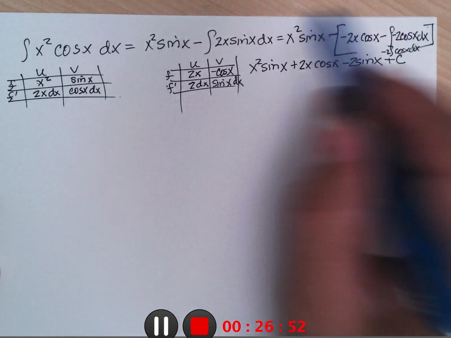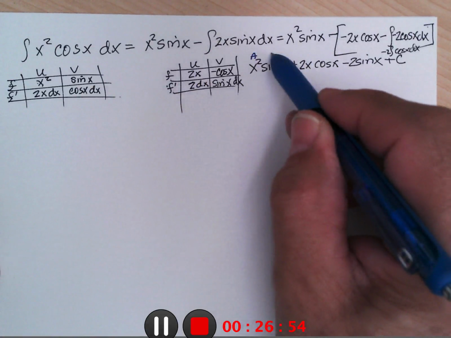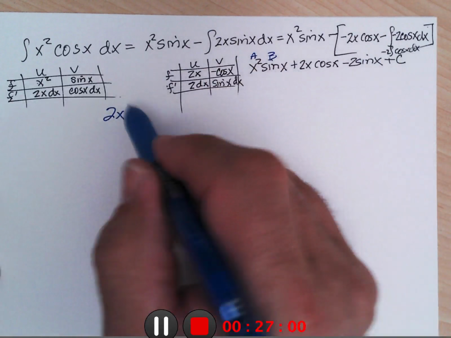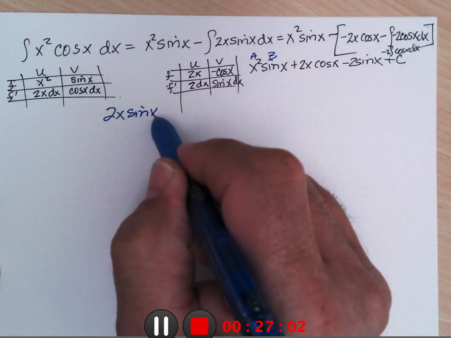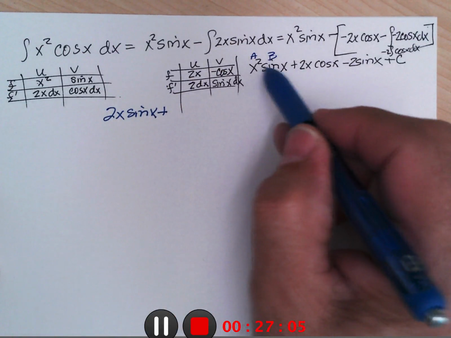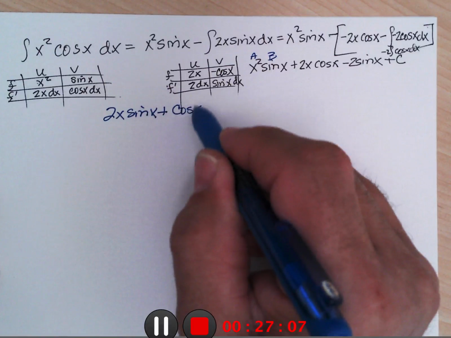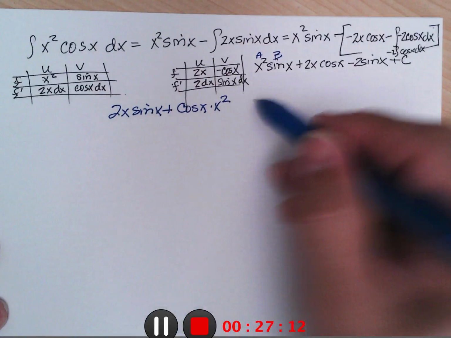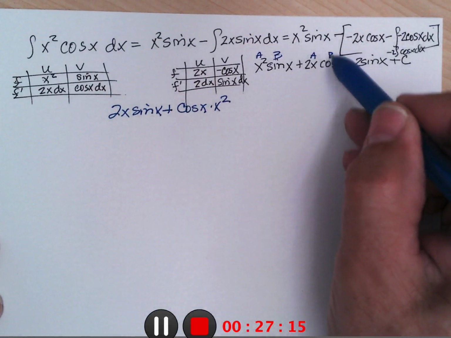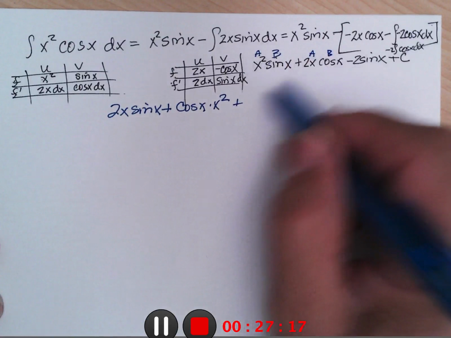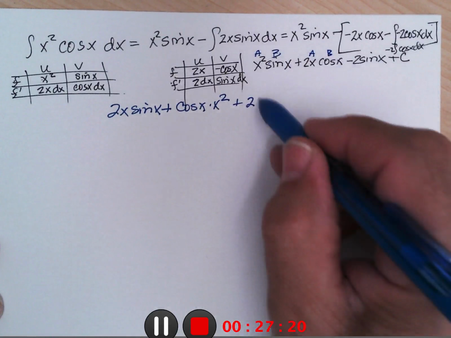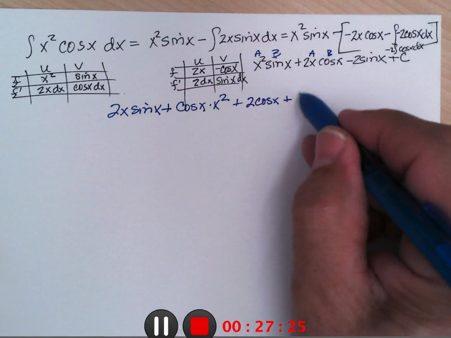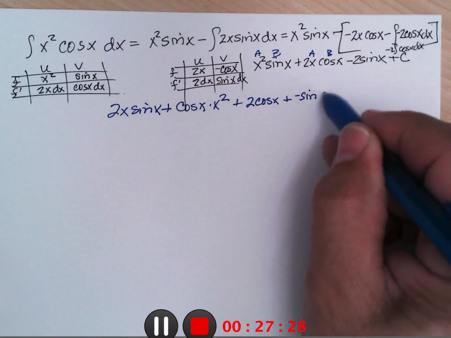So doing this one, I'll call this A and B, and so for the derivative, I get 2x times B plus the derivative of B, which is cosine x, times A. Now I do it again, A and B for this product, and the derivative of A is 2 times B, cosine x, plus the derivative of B, which is negative sine x, times A.